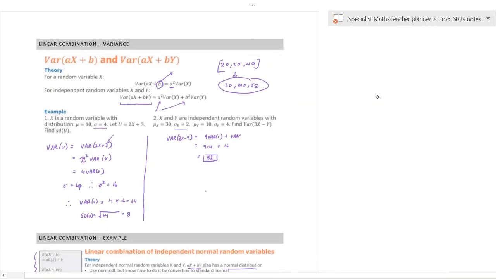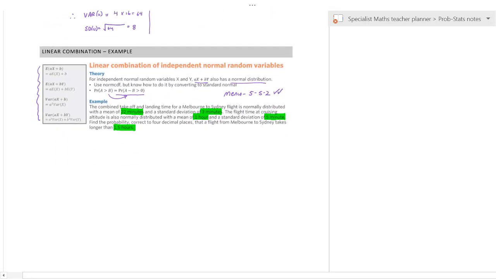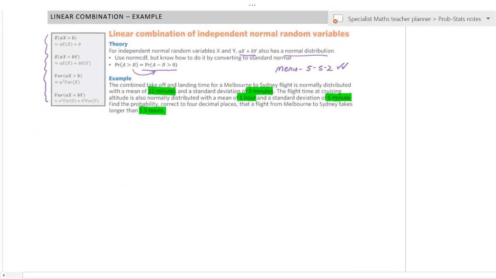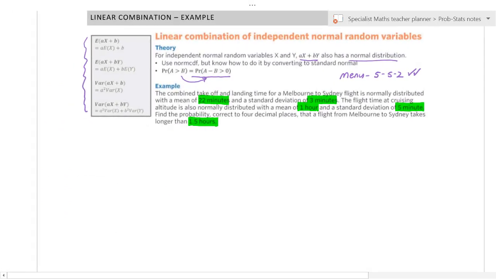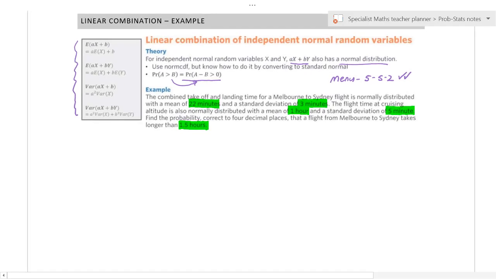Now what we need to consider is how we're going to tackle this problem. Well, this is a linear combination of independent normal random variables. Why is it normal? Because they have a mean and a standard deviation. So let's start to declare some variables.